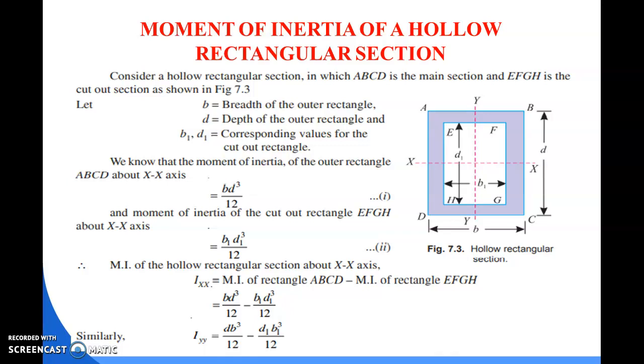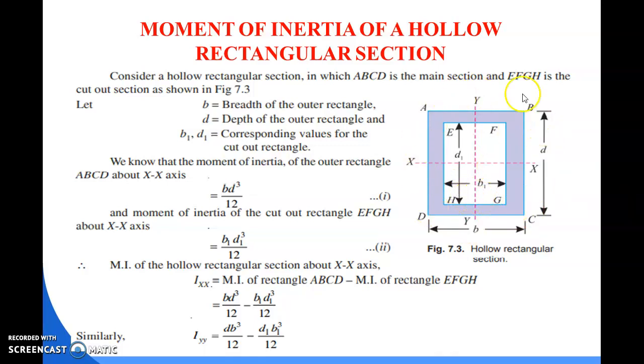For the hollow rectangular section, the moment of inertia along the x-axis, the formula will be bd cube by 12 minus b1 d1 cube by 12, where b and d are the width and depth of the bigger rectangular portion and b1 and d1 are the width and depth of the cut out rectangular portion, that means the smaller rectangular portion.